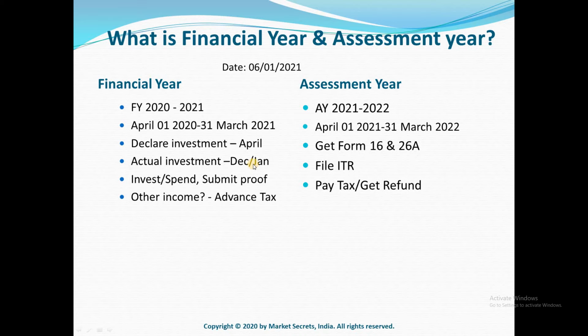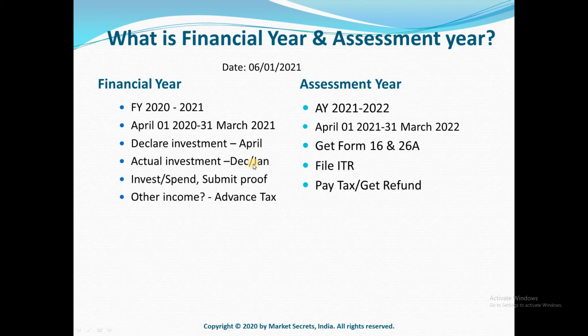These are the actual investments that you have done for this particular financial year. Once that is done, your employer will calculate the actual tax that you need to pay for this year. For example, you might have declared 1.5 lakhs at the start of the financial year, but you didn't actually invest during that year, so you don't have any proof.